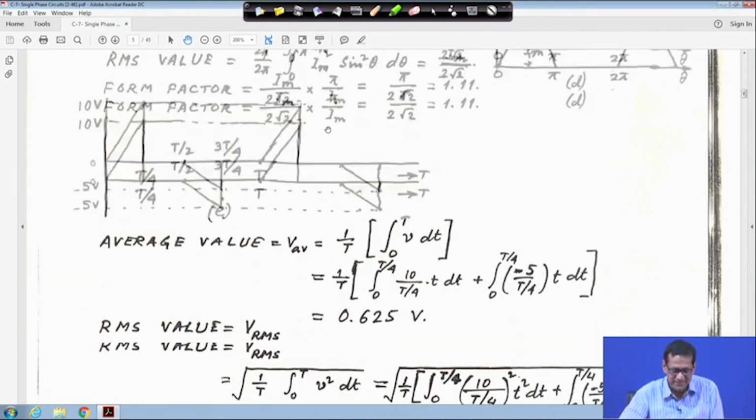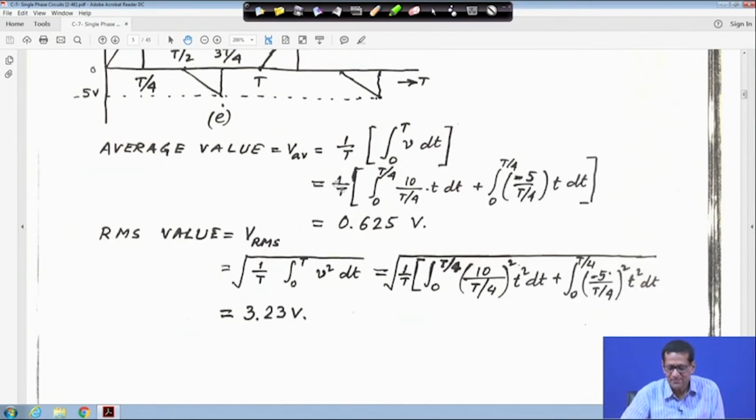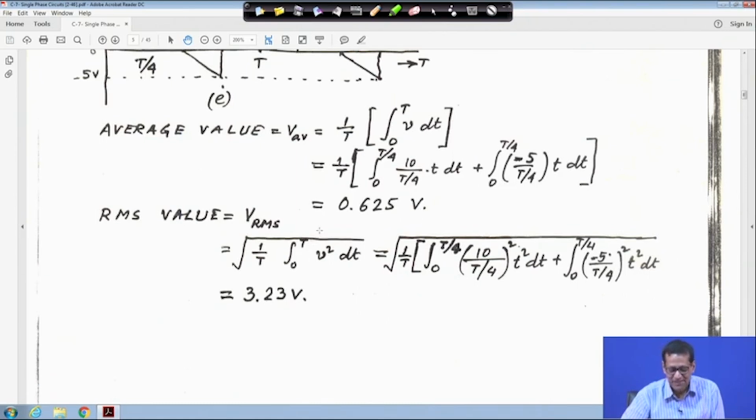So the average value, if you integrate this, will become 0.625 volt. Similarly, for the RMS value, it is the square root of 1 upon t, integral 0 to t of v square dt.